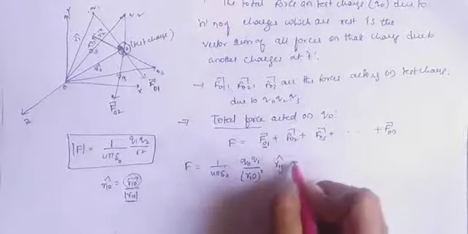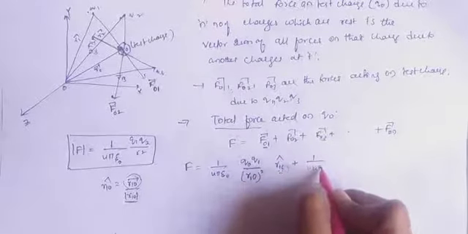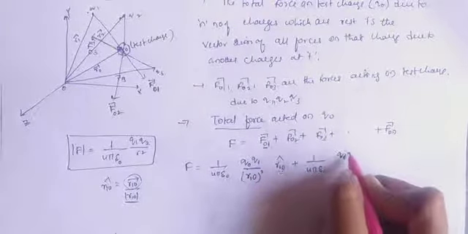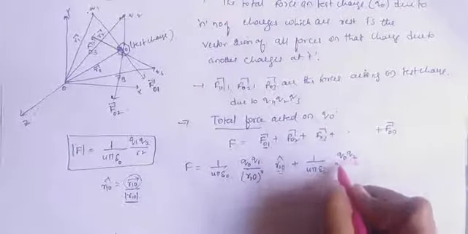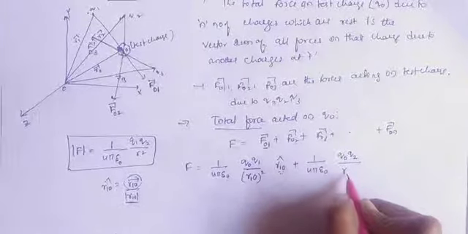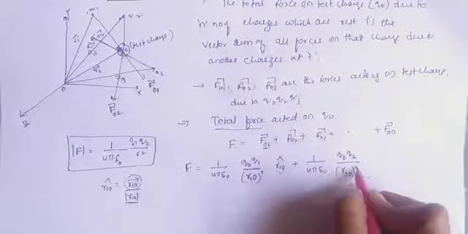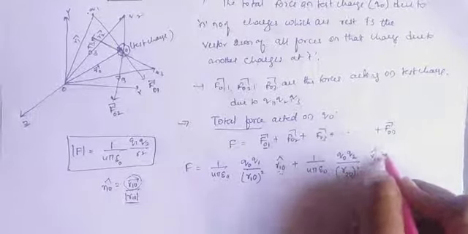Plus again 1 by 4 pi epsilon naught, and now F02 means the force on the test charge q naught due to q2, so q naught q2 by r20 whole square, where the position vector is from 2 to 0, and r20 cap.